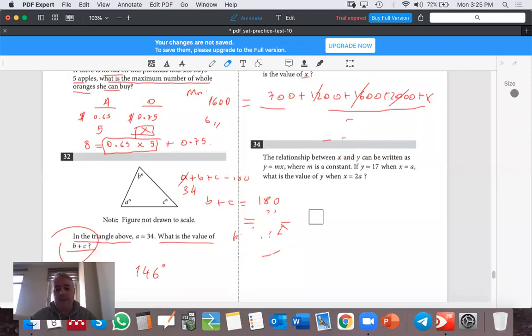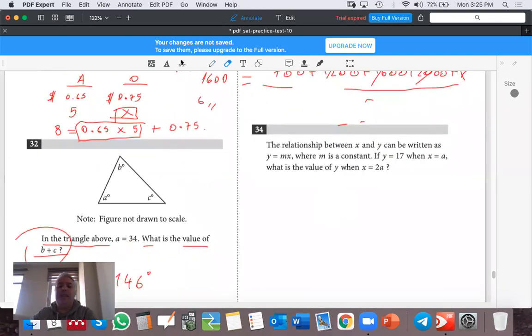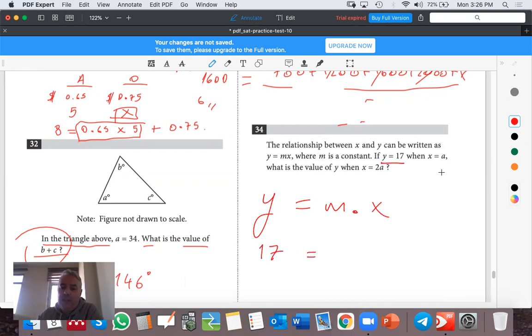Now, the relationship between x and y is given like this. y is mx. This is given. Good. Now, when y is 17, I put 17, and x is a. So say it is a. What is the value of y when x is 2a?